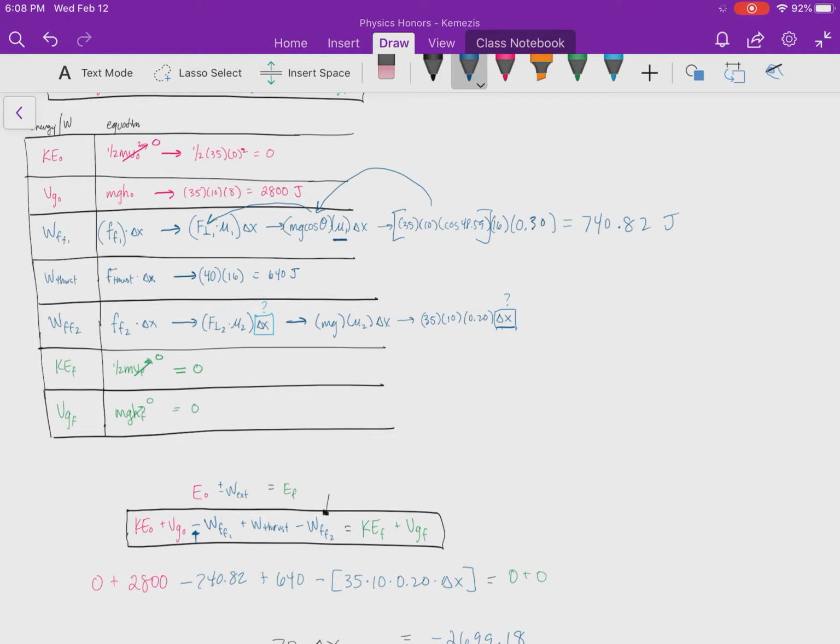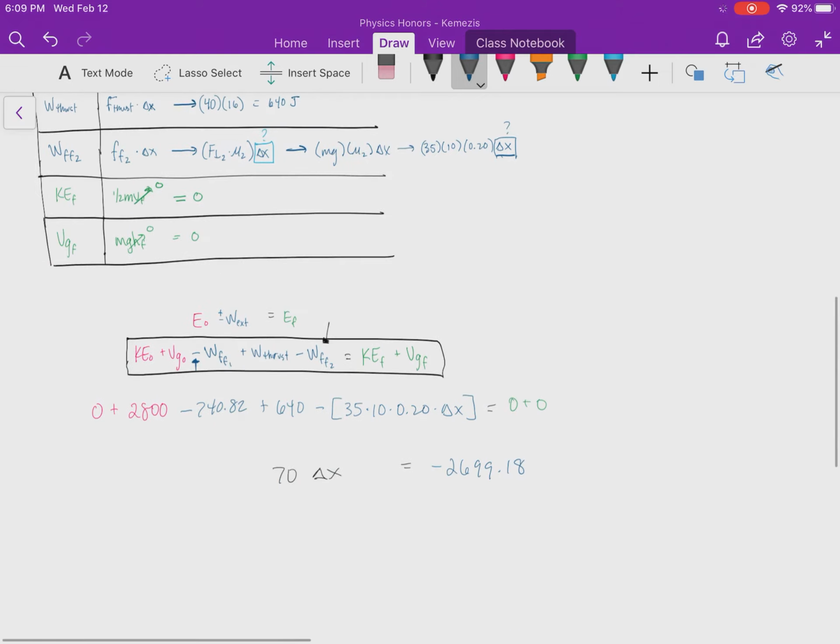Okay, let's try this one more time. And we should be able to get the right answer. 48.59 times 16 times 0.3. Okay. 1111.22 joules. Okay.